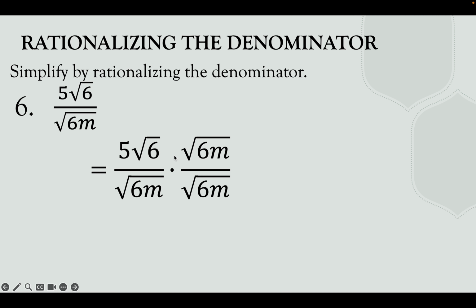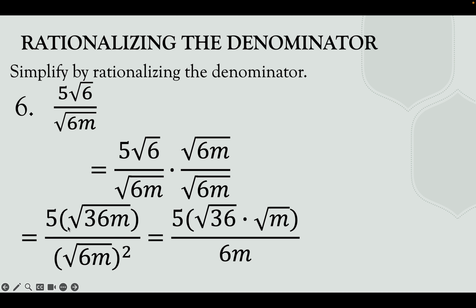Direct multiplication, we have 5 times square root of 6 times square root of 6m. So we have 5 square root of 36m. And your denominator now is square root of 6m squared. So we can eliminate this one, the radical, the square root and the exponent. So we have 6m now.